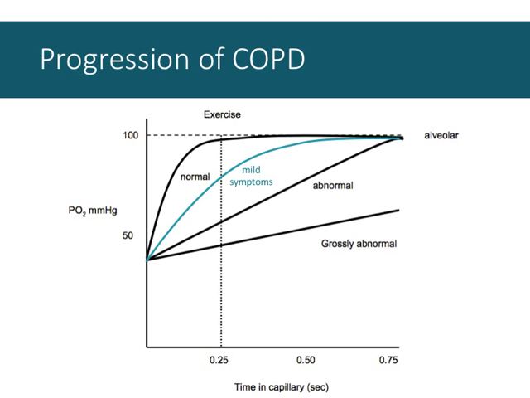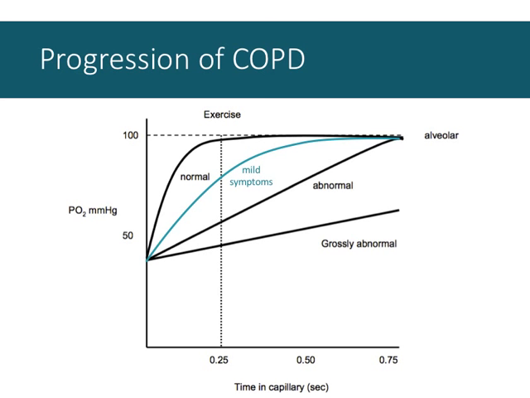Overall, the progression here means incomplete gas transfer. So incomplete loading of O2, incomplete offloading of CO2, resulting in hypoxia and hypercapnia, right? Low PO2 in the blood, high PCO2 in the blood. Those are important as we look at the treatments for severe COPD.